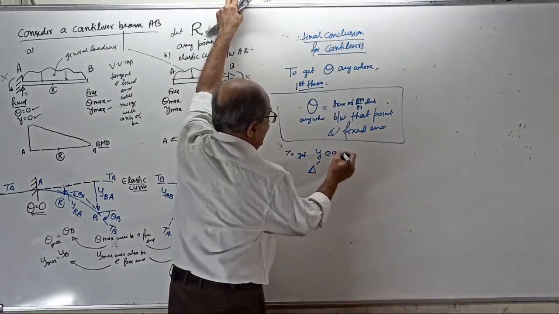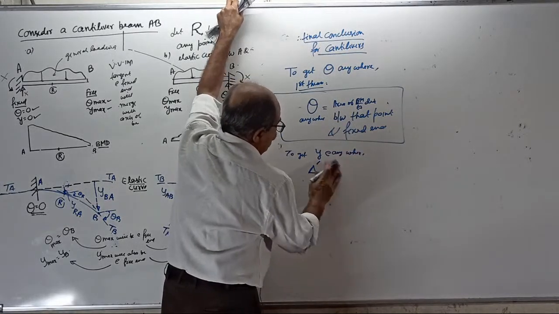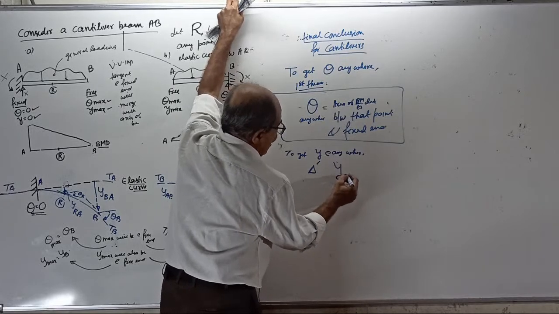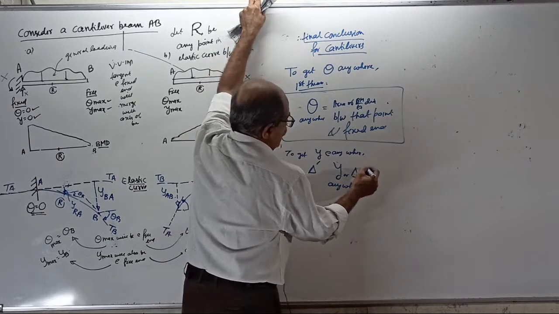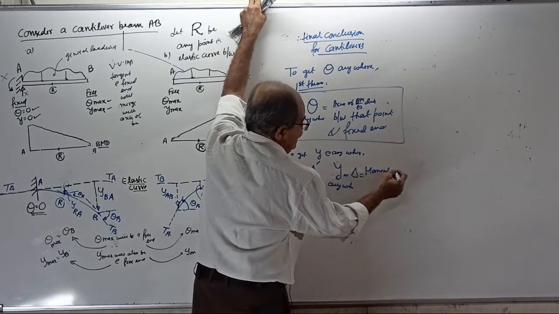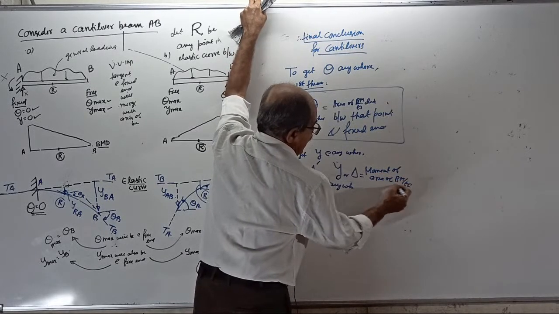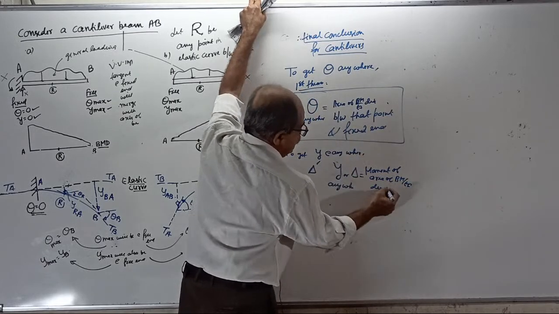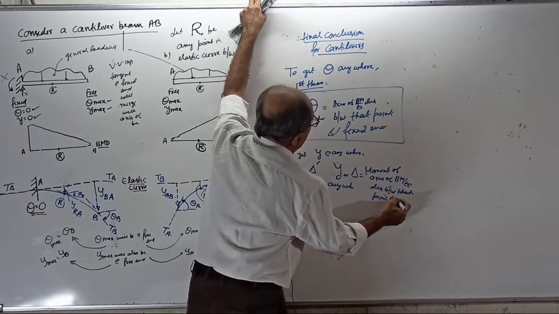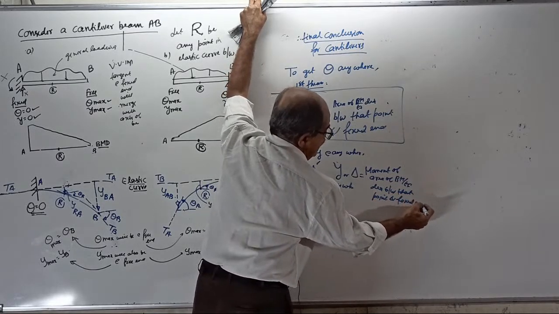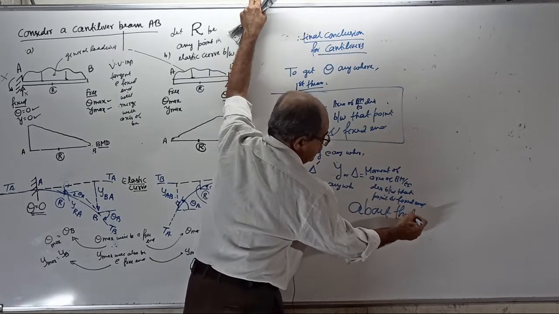Y or delta anywhere equals the moment of area of the BM by EI diagram, the same way, between that point and the fixed end, and very important, about that point.